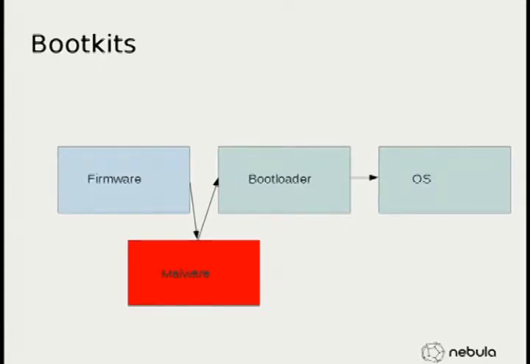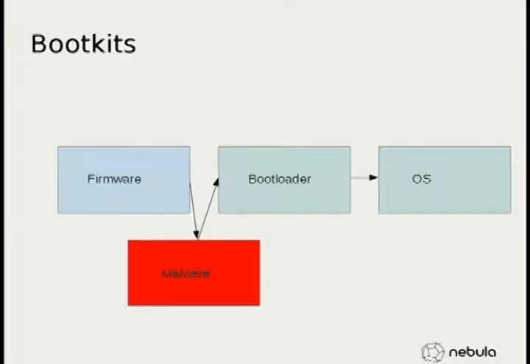one consequence of this is that attackers started implementing malware that was able to run before the operating system could run any security itself. So if you insert a piece of malware here between the firmware and the bootloader, the firmware will execute that, because as far as the firmware is concerned, the malware is the bootloader.